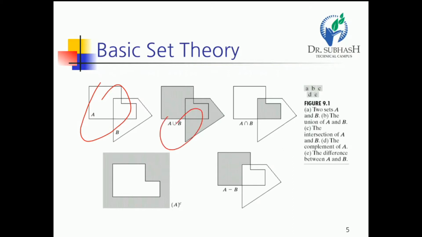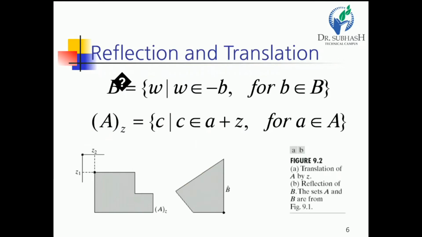In figure C, that is the intersection of A and B. Figure D is the complement of A, and the last one, figure E, represents A minus B, that means the difference of A with B. This is the basic theory of morphological image processing.